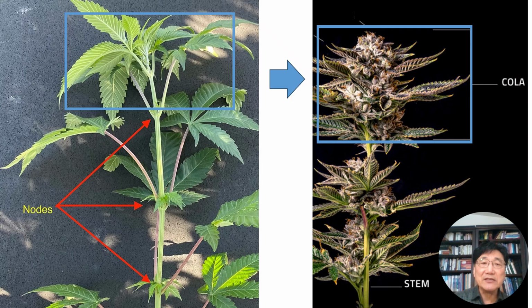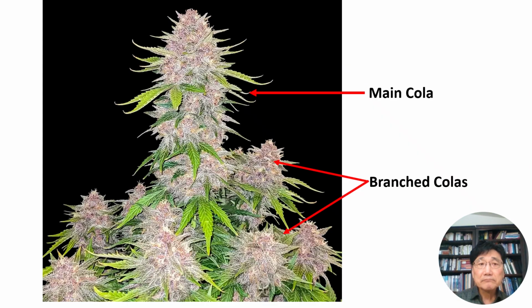As you can see here, the length of the internodes becomes shorter as it goes towards the apex of the stem. Eventually, the flowers will cluster together to form a collar. Collar is the dense cluster of female flowers along the stem or branches.